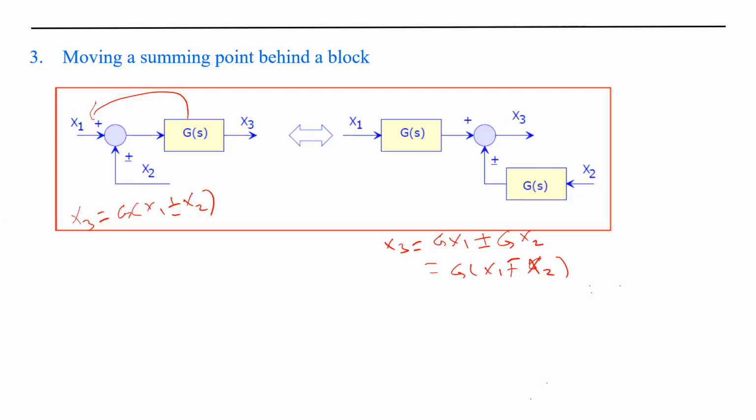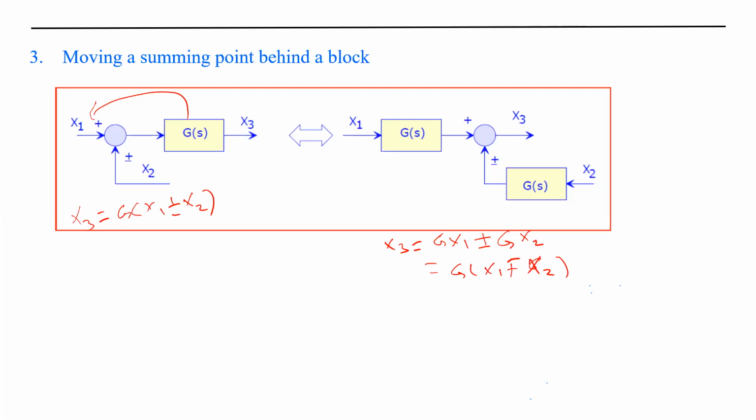The names, okay, to me, the names, moving summing point, and later on we're going to have more of this information. What's important, try to trace the signals, okay? The relationship between the signals should remain the same, regardless of what you do.